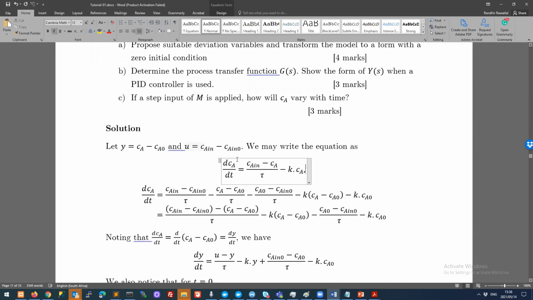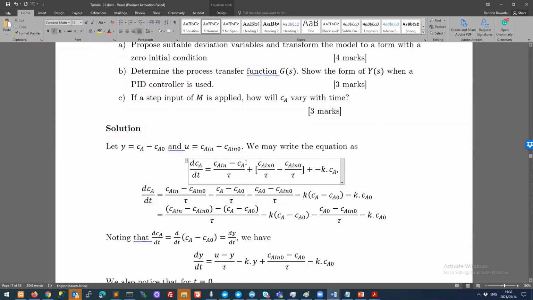If you want to be able to say CA in minus CA in naught, then we have to add and subtract that. So we're going to do that here. So we're adding CA in naught over tau. And then to keep this equation valid, you have to subtract it as well. So you're adding and subtracting the same number. So we know this equation is still valid.